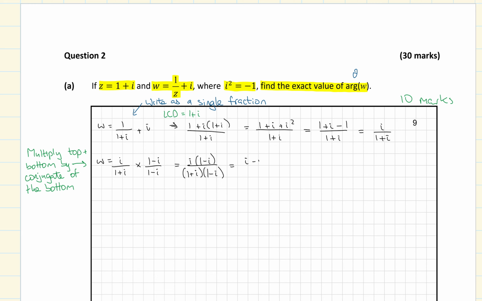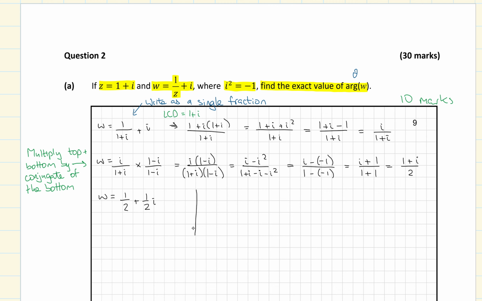So we get i minus i squared over 1 plus i minus i squared. They told us i squared is minus 1. And then 1 plus i minus i will be 0i plus 1. So that's i plus 1. 1 plus 1 will give me 2. So we get 1 plus i over 2. So we'll just write them separately. So w is equal to a half plus a half i.